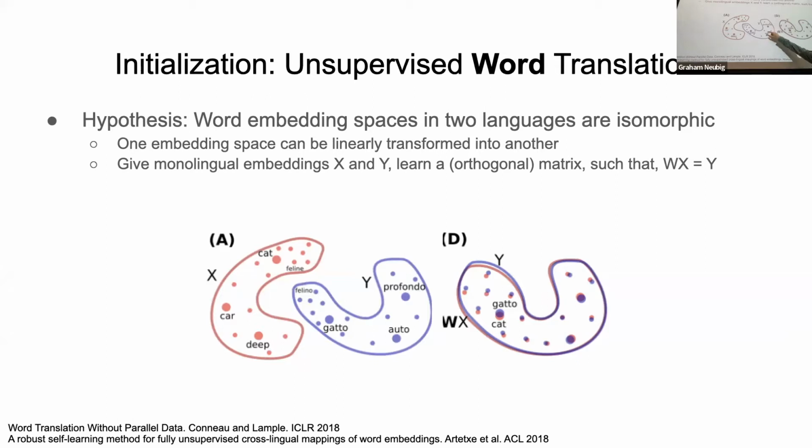Another reason is that words like gato and cat are both common. And common words tend to map to common words, uncommon words tend to map to uncommon words. So you're also basically implicitly using word frequency information in the mapping. And frequent words in word embedding spaces often tend to have larger norms because they're updated more frequently.